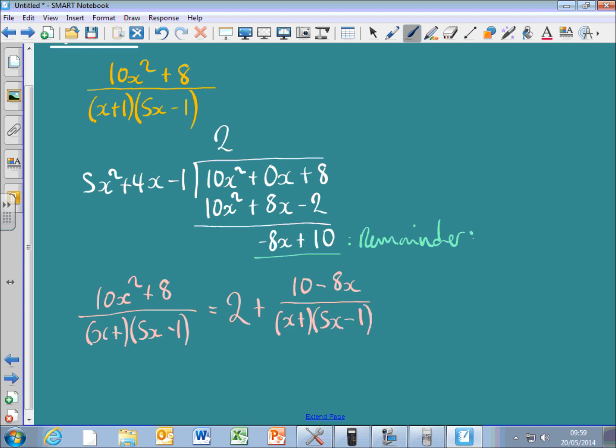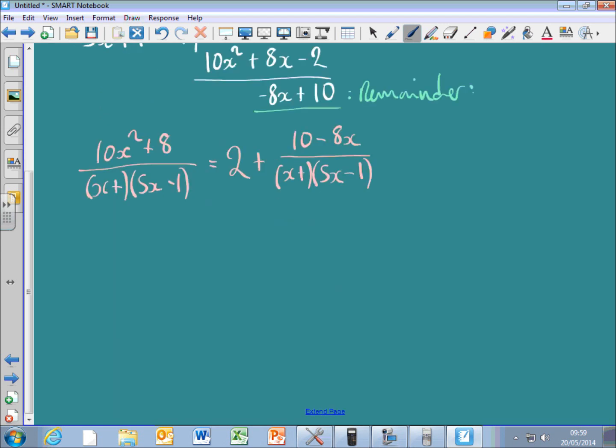Okay, so that's where my 2 comes from, and now I'm going to break up this second fraction using partial fractions. So I'm just going to deal with this 10 minus 8x over x plus 1, 5x minus 1. Seem to be missing some x plus 1s up here. x plus 1, x plus 1 there. 5x minus 1 here.